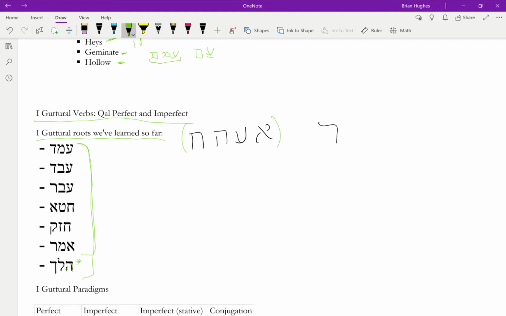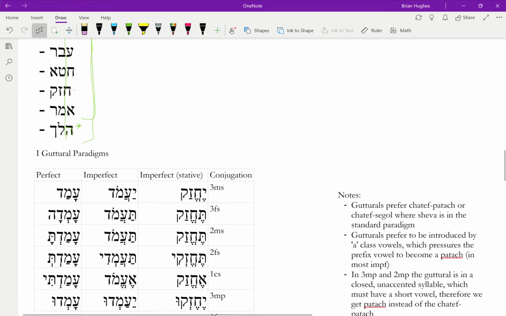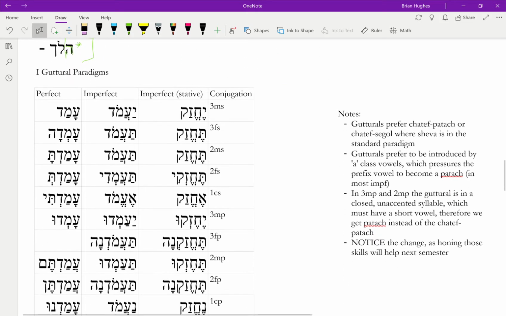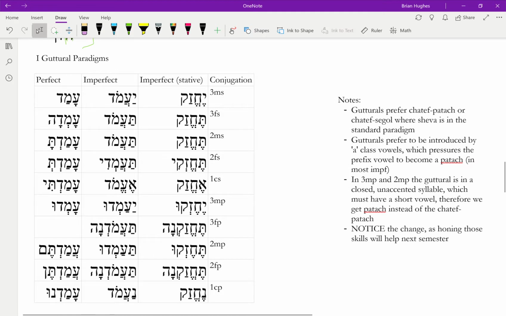These are the roots that we've learned so far. And again, we've got this guttural in the first position in all of them, right? So we have an ayin, ayin, ayin, chet, chet, aleph, hey. That's why we're talking about these, because it causes some issues, all related to the three special guttural rules.